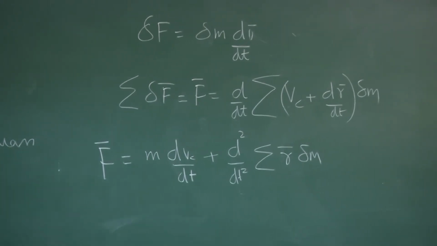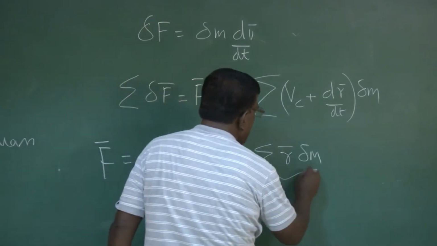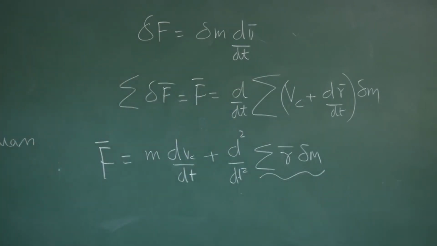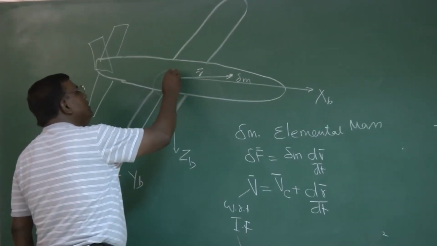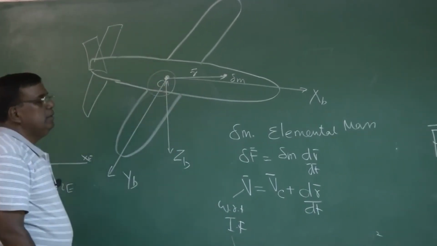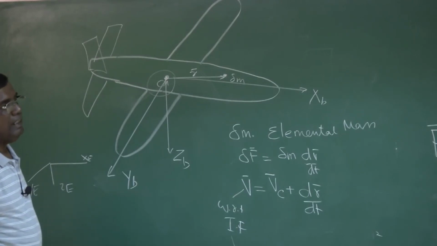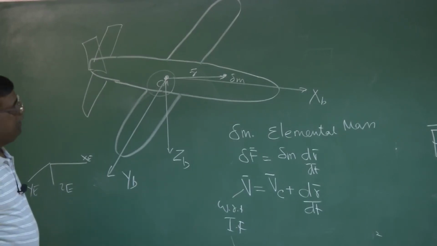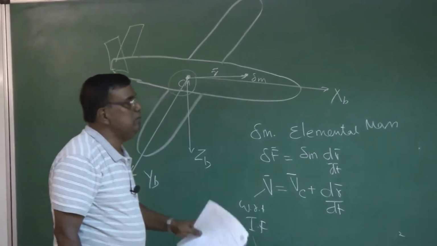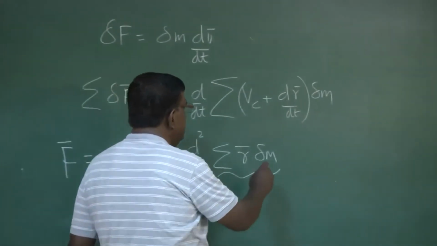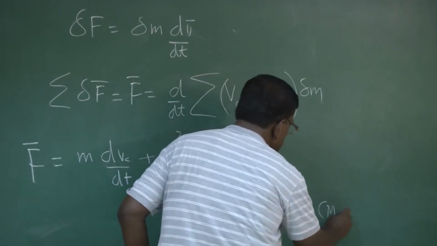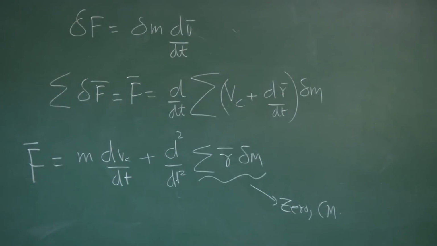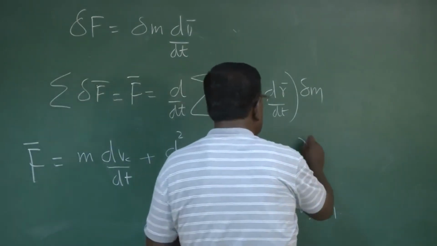But could you recall, what is this value R dm? We have selected the location of the body fixed axis at the center of mass. And by definition of center of mass, R dm will become 0. If you have forgotten, let me write this.